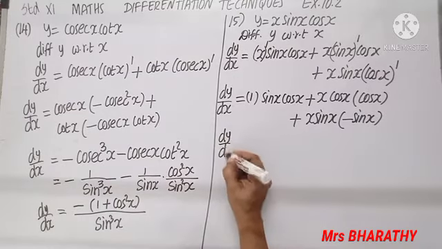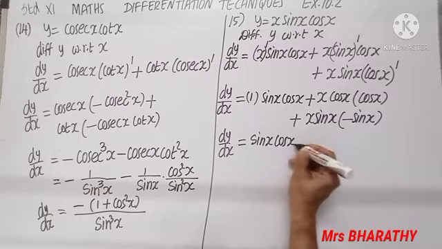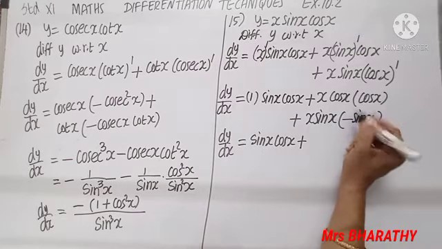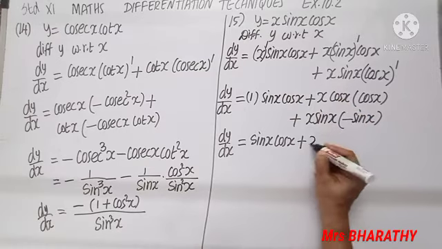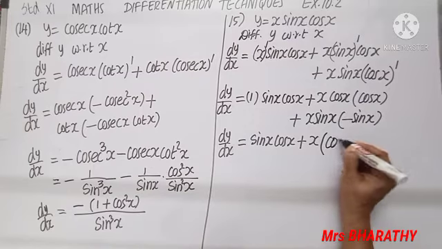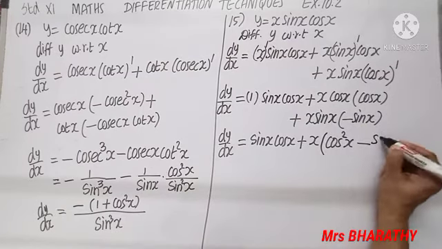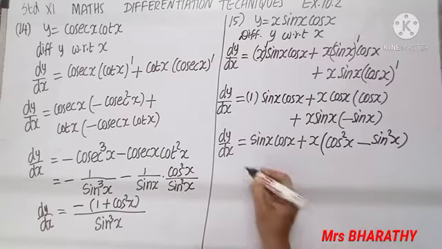As we simplify and write, dy by dx is sin x cos x plus, in these two terms, x is common. If I take it out, cos into cos, cos square x, minus symbol, sin into sin, sin square x.